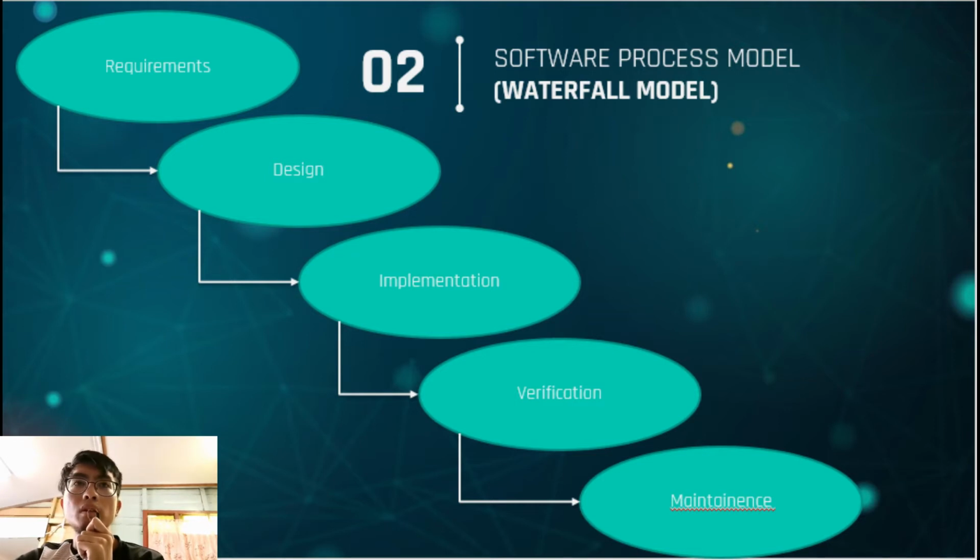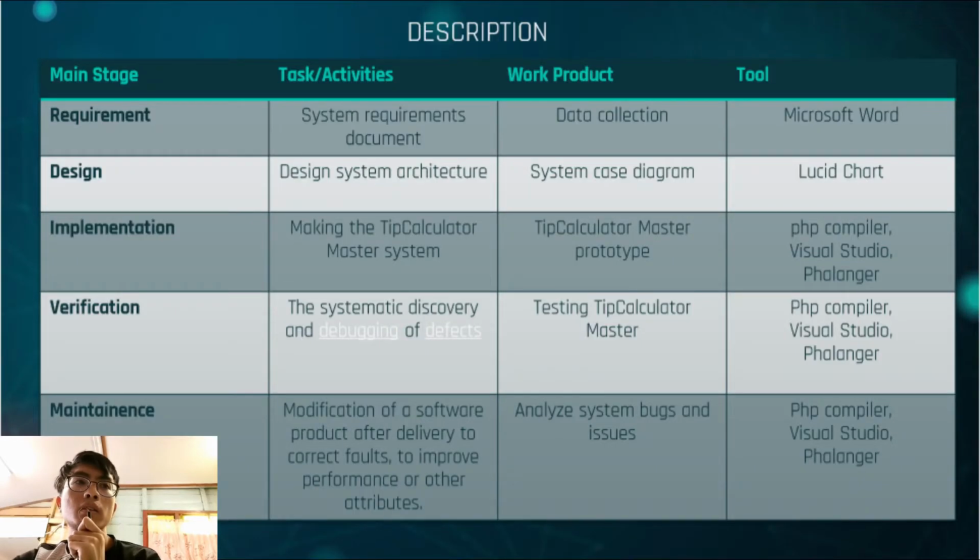Next is the software process model. Our team agreed to choose the waterfall model. In the waterfall model we have requirements, design, implementation, verification, and maintenance. The next slide is the waterfall model description.